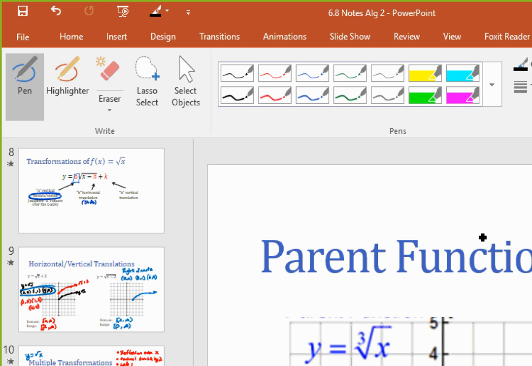So cube root is another function that we should become more familiar with, that if I ask you what cube root of x looks like graphically, your mind automatically jumps to, okay, yep, I have an idea. It's kind of this sideways S shape, first quadrant and third quadrant.